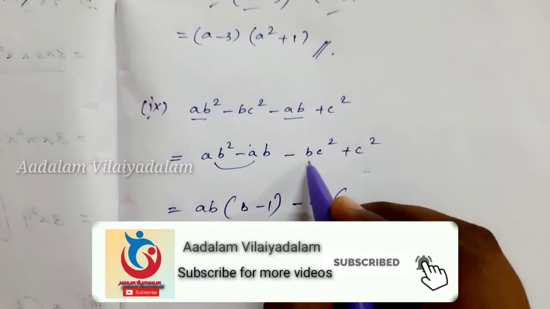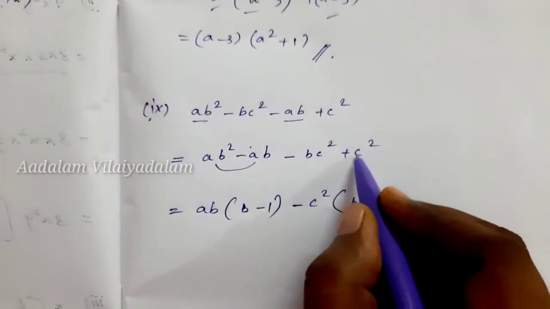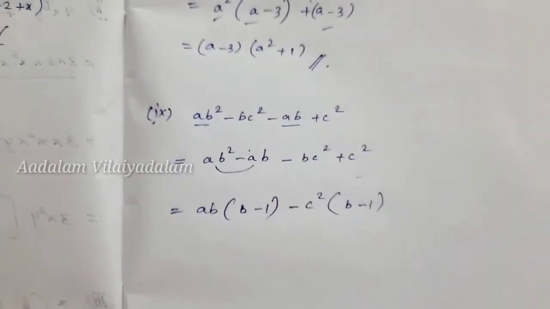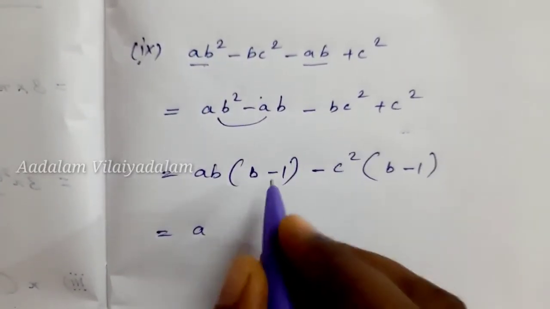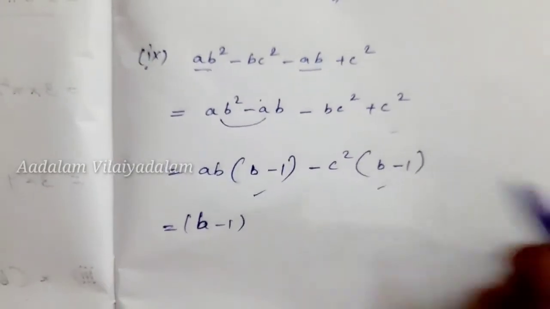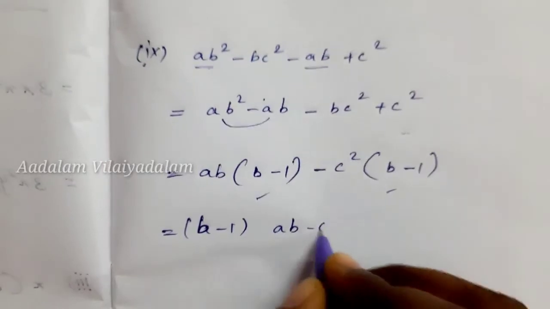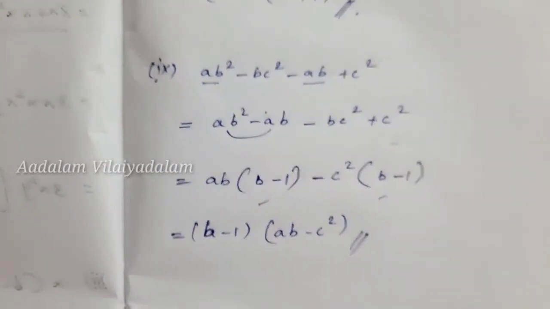Then the remaining term will become b, and instead of this plus, we will be getting minus 1. Now comparing this, we can write b minus 1, which is the common term. Then the remaining value is ab minus c square, which is the answer for this 9th subdivision.